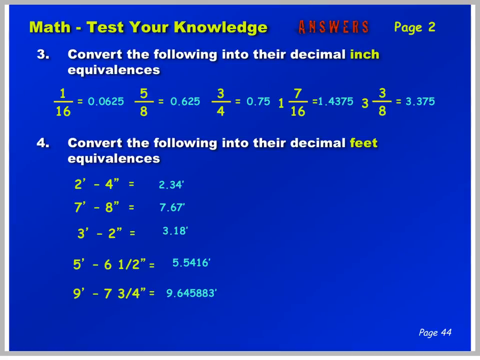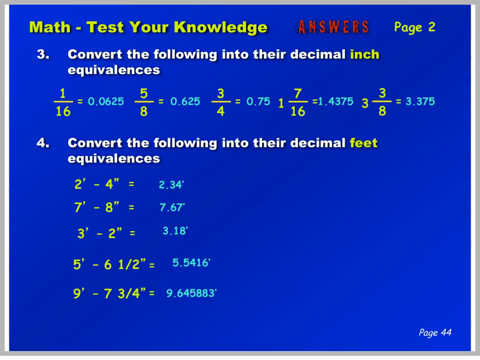Question number 3, convert the following into their decimal inch equivalences. 1/16, or 1 divided by 16 would get you 0.0625, 5/8, 0.625, 3/4, 0.75, 1 7/16, 1.4375, and 3 3/8, 3.375.